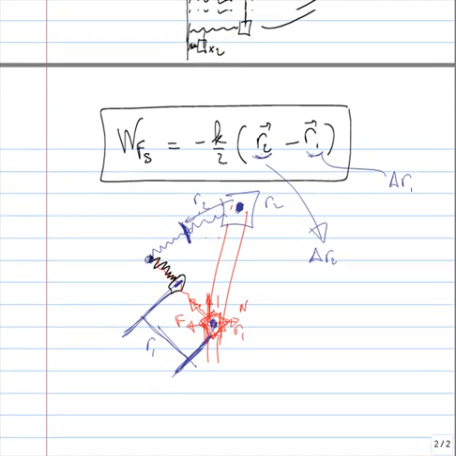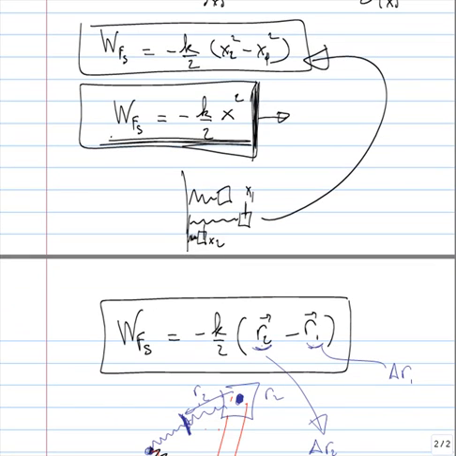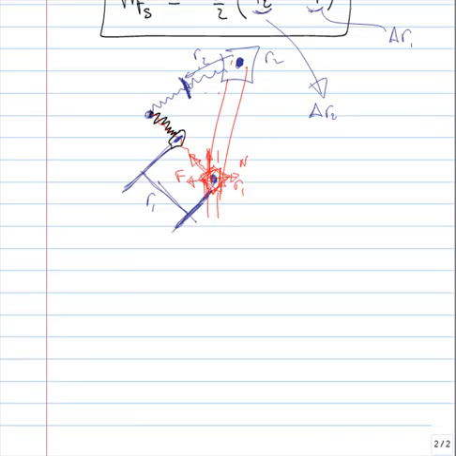So springs are very, very nice because you can go in any direction, and all you care about is the initial and final stretching, or compression, depending on what the system is. So, summary: work due to a spring.